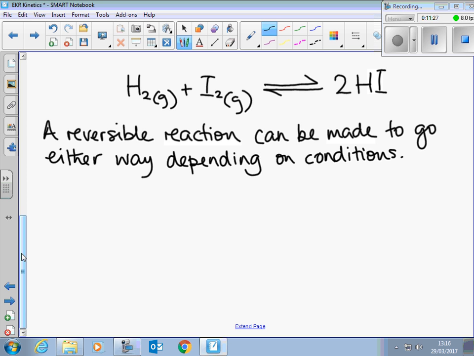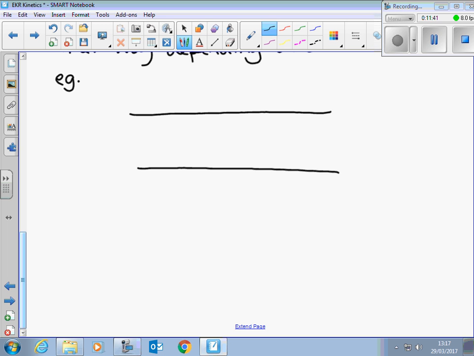If we, as an example of this, were to have a piece of glass tube, and in that glass tube we put some iron filings, let's say. All right, so iron in here, and we heat it.